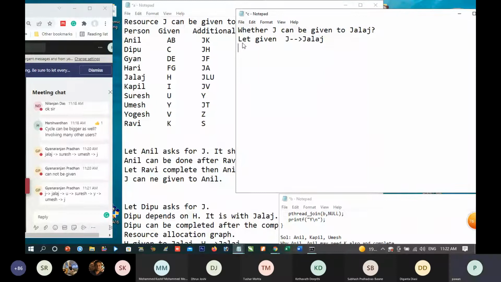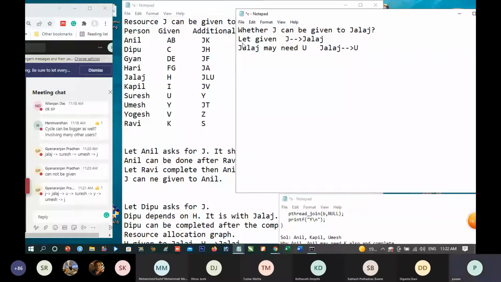If it is given J to Jalaj, there will be an arrow. Jalaj needs U. It means Jalaj to U, there will be an arrow.